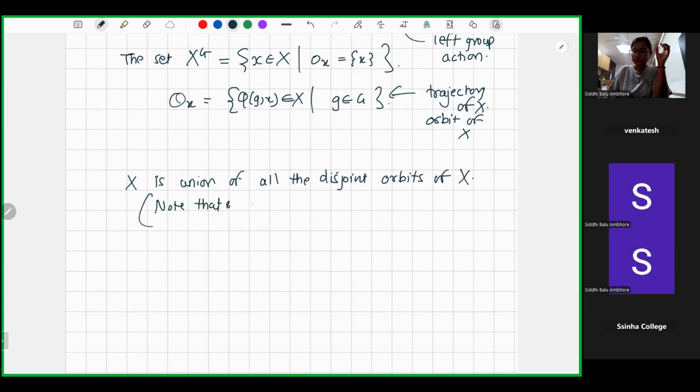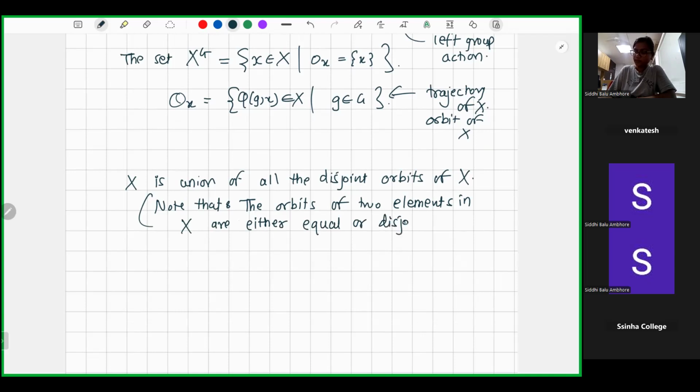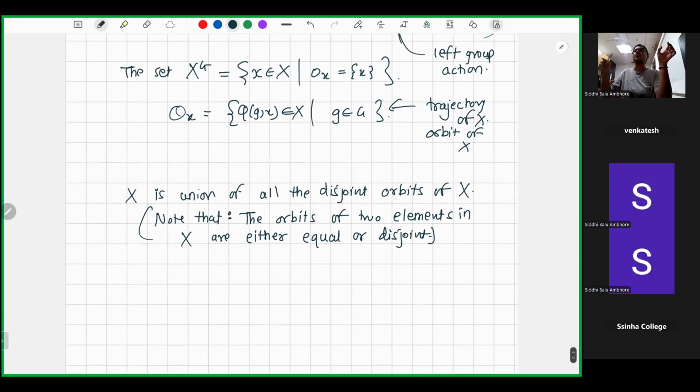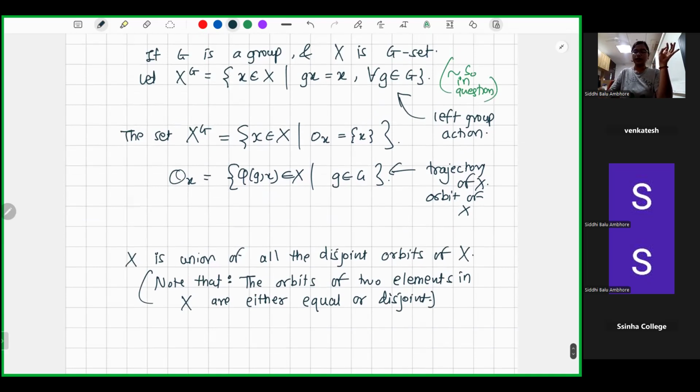If you do not know this, the orbits of two elements in X are either equal or disjoint. Only then are we saying that X^G is the collection of all the elements which have a singleton as their orbit.